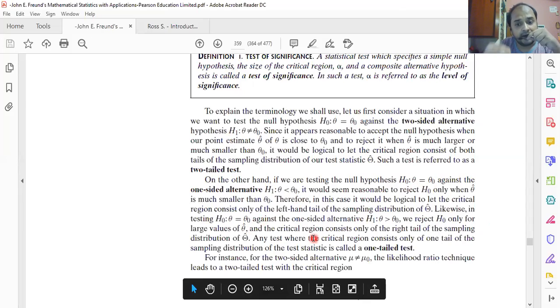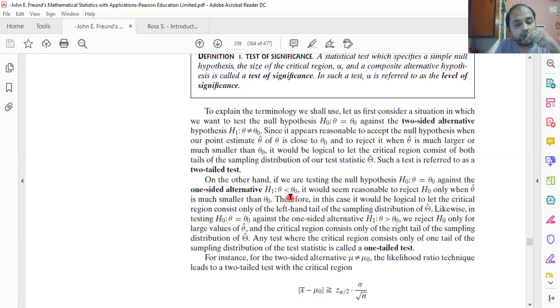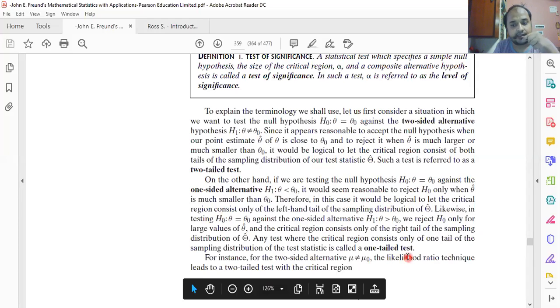If I write either of these two in the alternative hypothesis specifically, such an alternative hypothesis is called a one-sided alternative hypothesis. And when we combine a one-sided alternative hypothesis with the null hypothesis, such a test is called a one-tailed test.